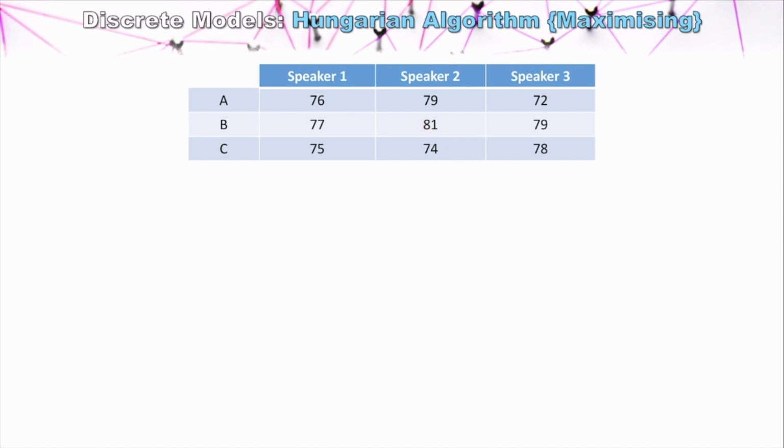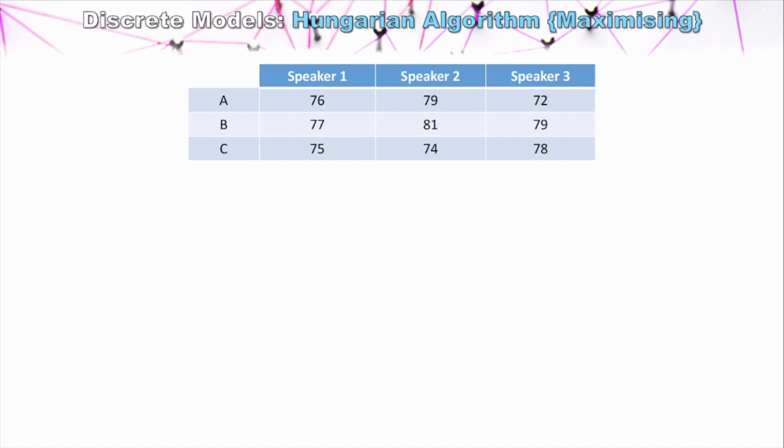Now, if I was to allocate anything else to person B, I'd be losing potential points. If I was to put them in third speaker, I'm losing a potential 2 points from person B. And that's the way we want to think about this, is we want to minimize the amount that we lose.